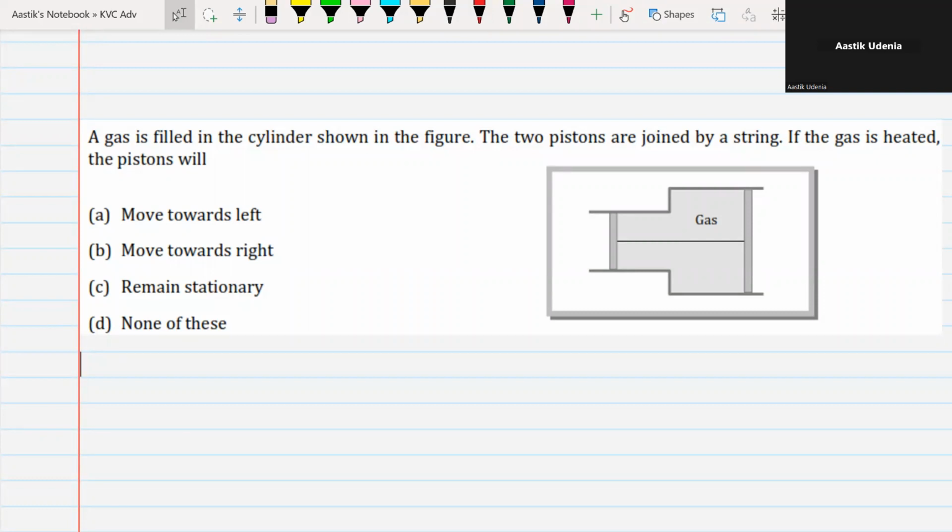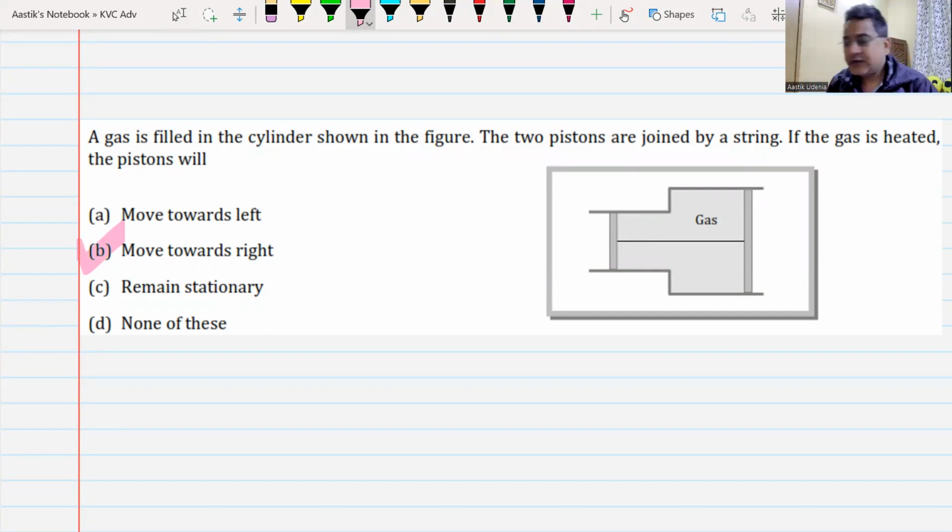Move towards right. When the temperature of the gas increases, the gas will try to expand. It wants to get more volume. Now, if it moves to left, the cross-sectional area is less, so it has to move towards right. Then only the volume can become more.